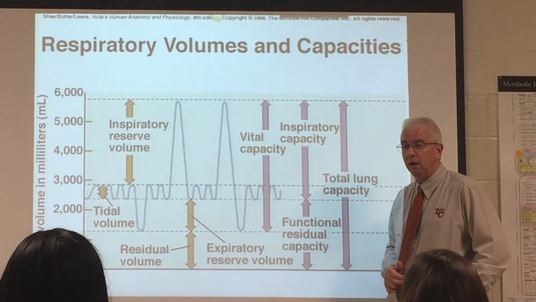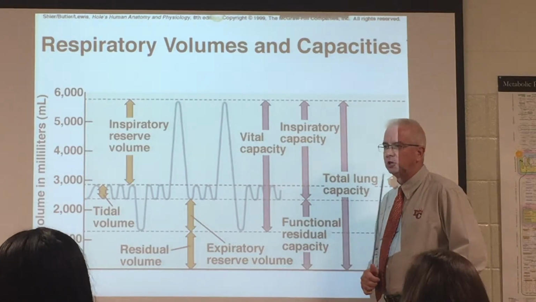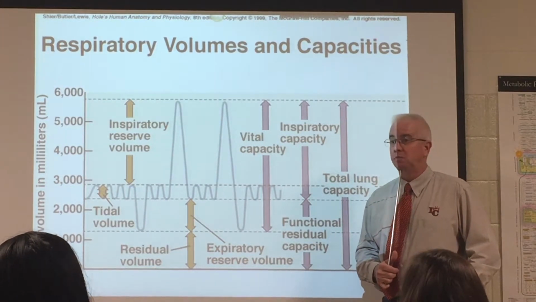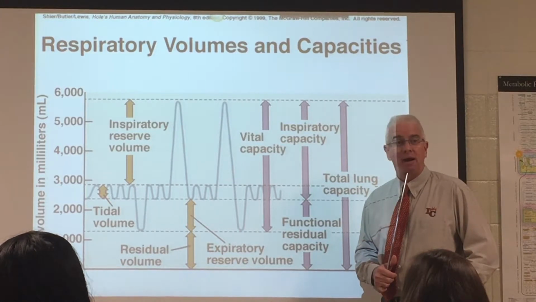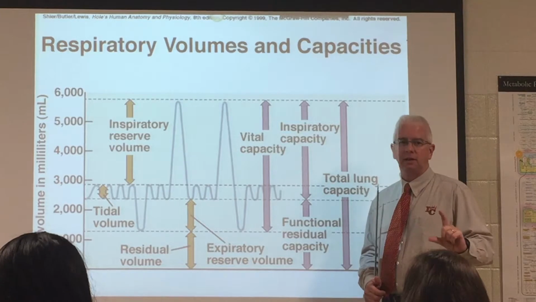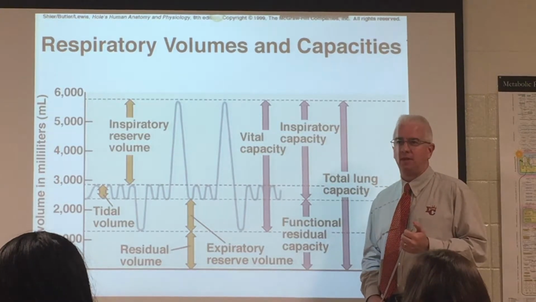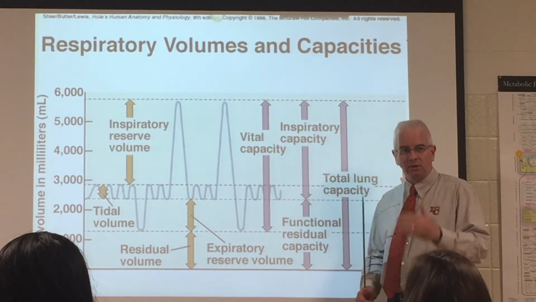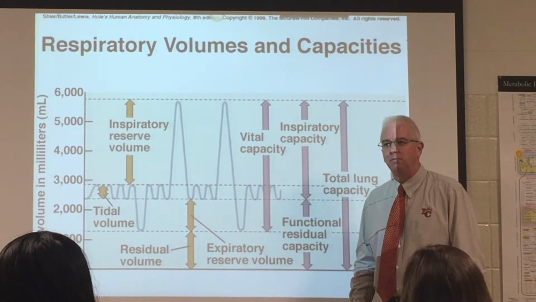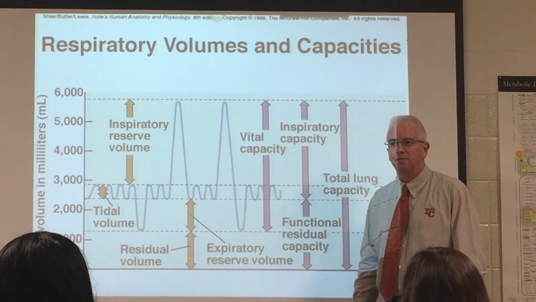This vital capacity measurement is done on every heart patient in the hospital after they've had bypass or something done in their chest. They're going to have a little tube sitting right next to their bed. And the nurse is going to come in and say, I need you to blow in the spirometer.